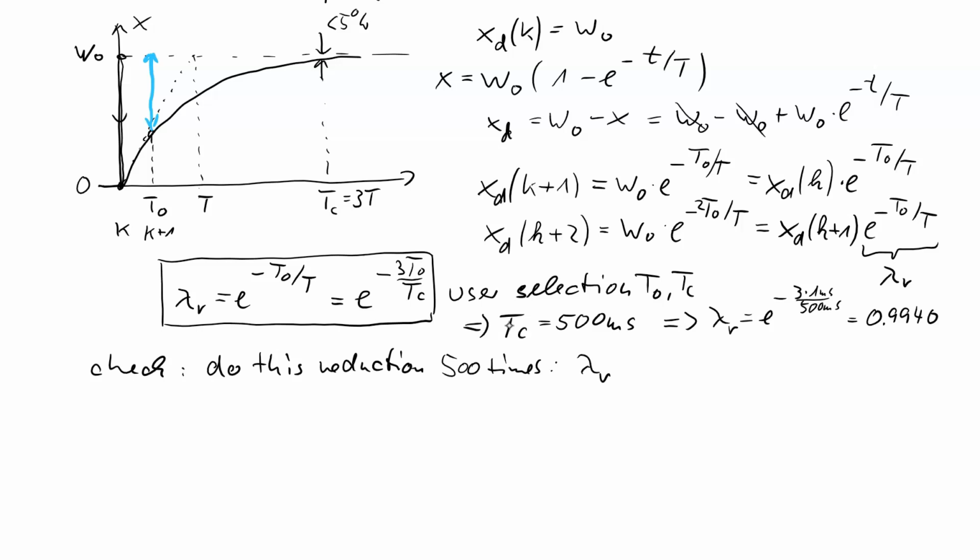I have to take my lambda to the power of 500, and with my calculator, 0.994 to the power of 500 gives 0.0493. This is less than our 5%.